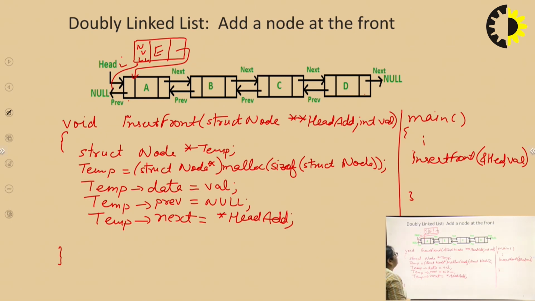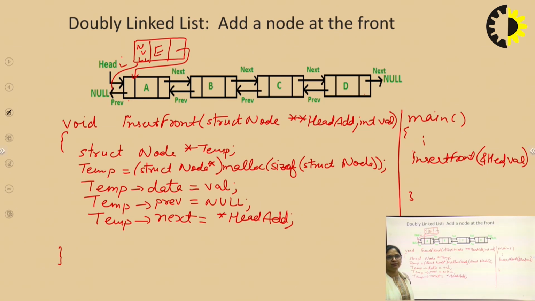Now what we have done? We have created our node, we have set all the values. Now what else is needed? What more points do we have to consider? There will be 2 points. We have created the node, we have set its values, but what is required? Head should point to this. What should point to this?